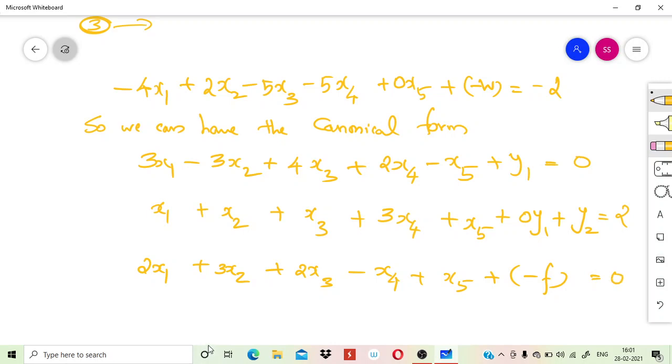And lastly we have the newly formed objective function, which has to be used in phase 1 of the two-phase simplex method, like this one written here.